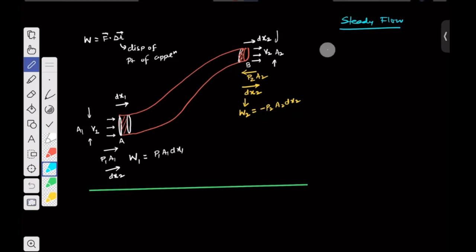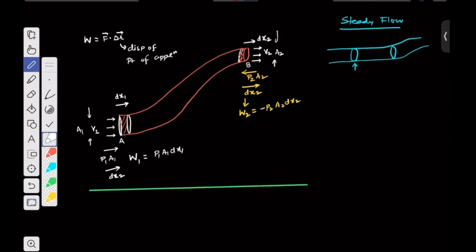Suppose I have a flow established in some tube. If I measure the velocity or the kinetic energy or temperature or density or pressure, anything which has to do with the properties of the flow at this cross section or at that cross section, it may change if I change my position. Or even if I stay at the same cross section but take the reading at a different instant of time, the properties of the flow, be it temperature, velocity, whatever, can change with respect to time also.